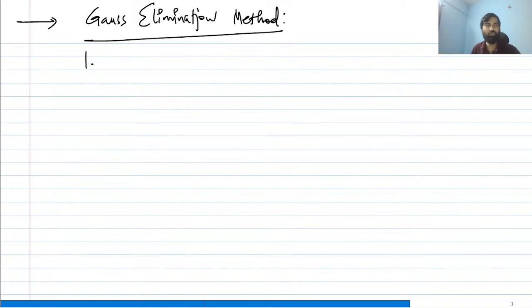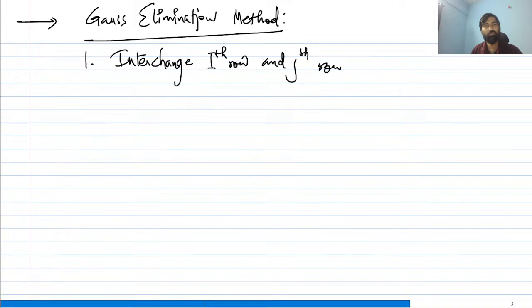You can interchange two rows. What is the meaning of this? Ri can be interchanged with Rj.